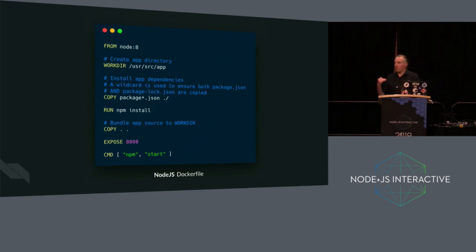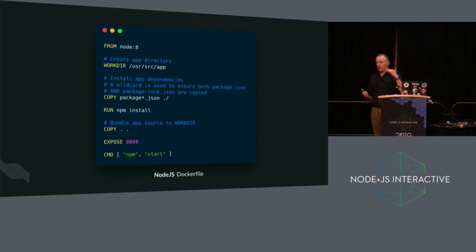On line 1, we're starting from a base image that starts with Node 8 and its various dependencies installed. From that, we can define a directory in the container where, within the context of our repository, we grab our package.json, grab our source code, install our dependencies, expose a port, and then ultimately just run an npm script to start the whole thing.